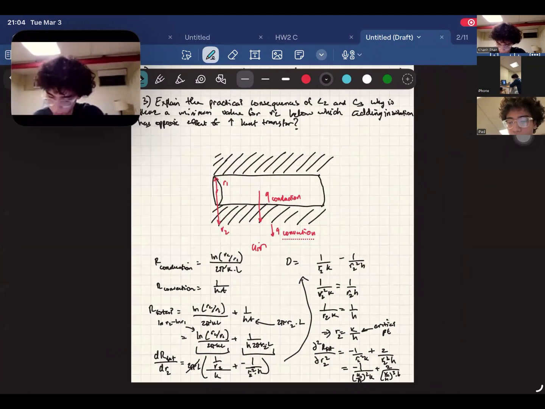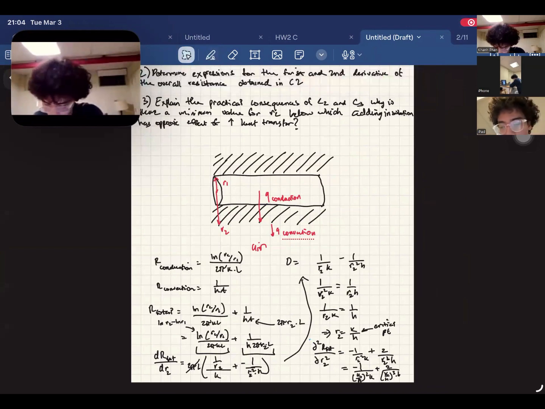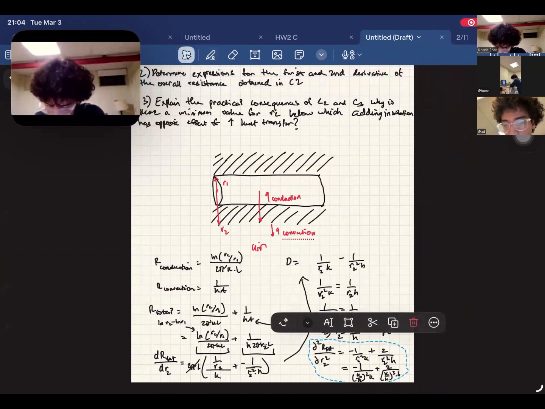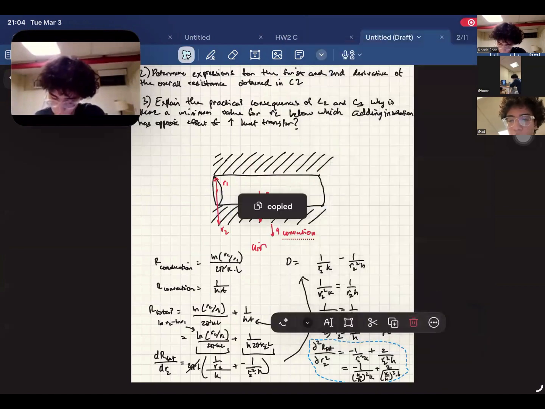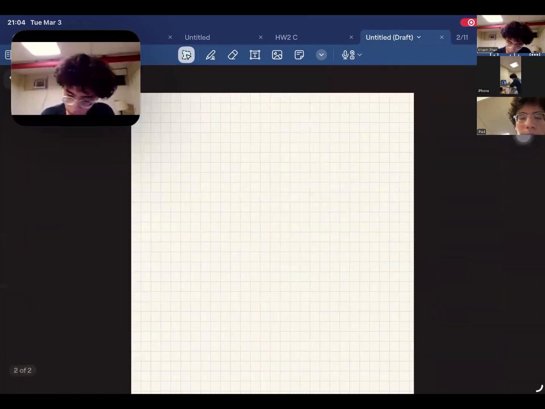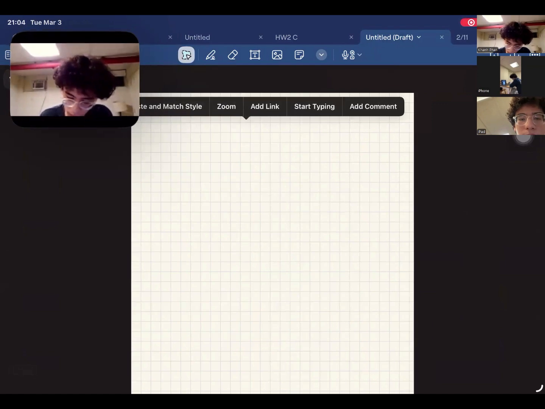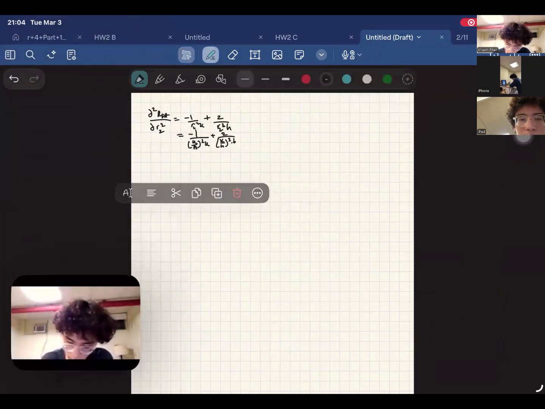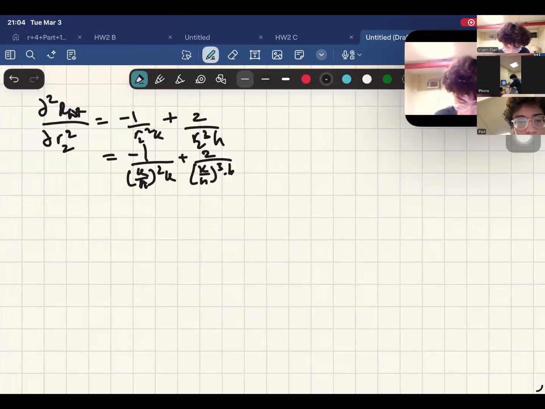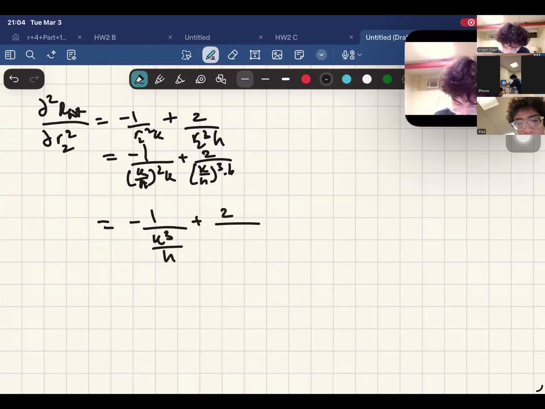So we would have, let me just rewrite this entire thing over to the next page. So we would have negative 1 over K cube H equal to 2 over K cube H square.